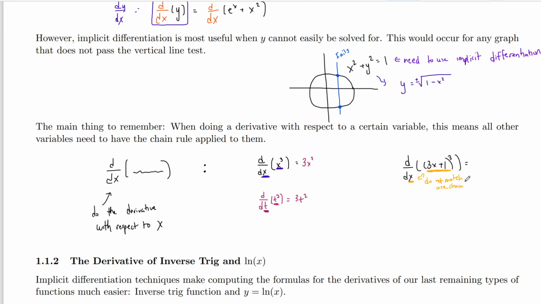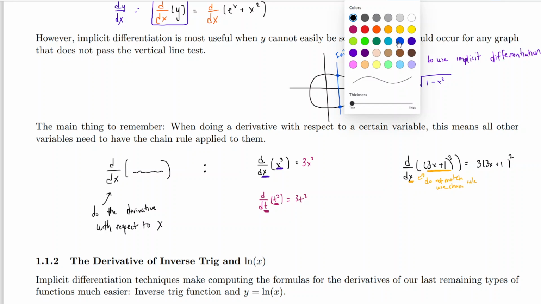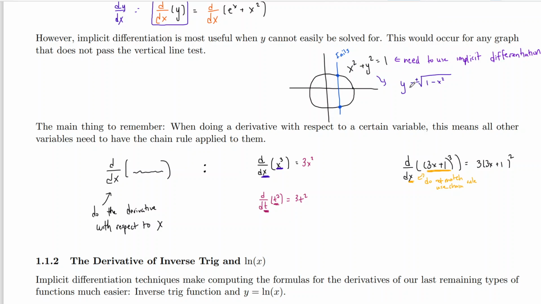And the main point of the chain rule was that we pretty much follow the format of the power rule. In this case, we bring the 3 down, we rewrite what's inside, the 3x plus 1, and then we subtract 1 from the power, which is 2. But the chain rule part, this is going to be the most important thing about this section, is when you do implicit differentiation, you're pretty much always going to use the chain rule, and you're multiplying by the derivative of the inside.